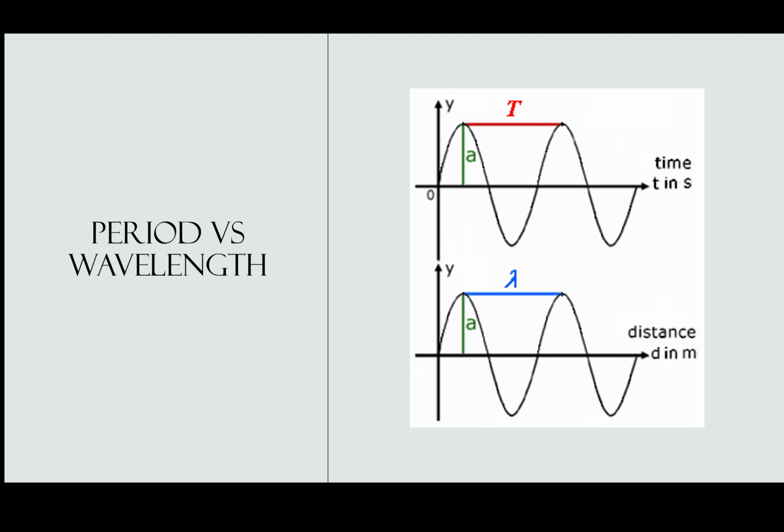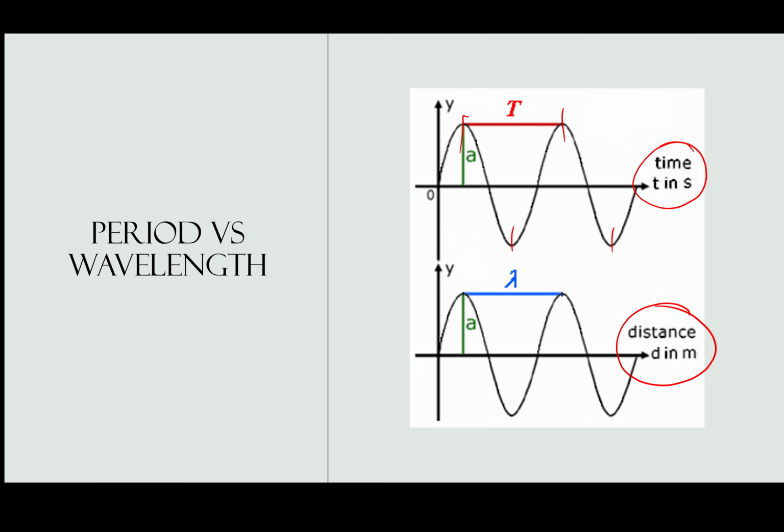Period versus wavelength now. Period is described visually in the same way a wavelength is, but the only difference is that this is a time displacement and this is a distance displacement. The time displacement between crest to crest is the period, and between trough to trough is the period.